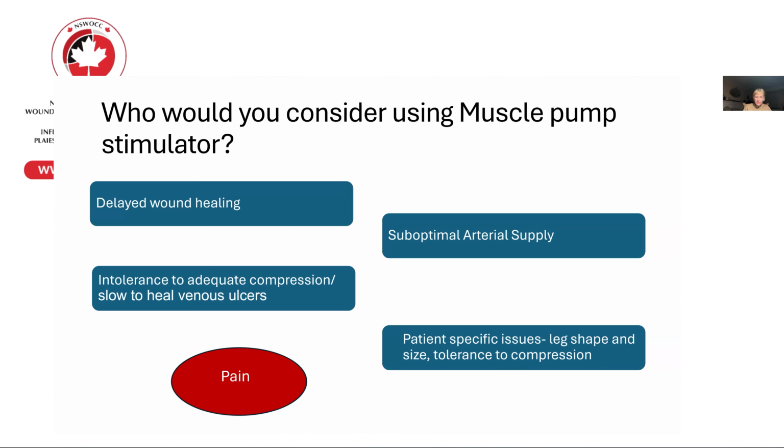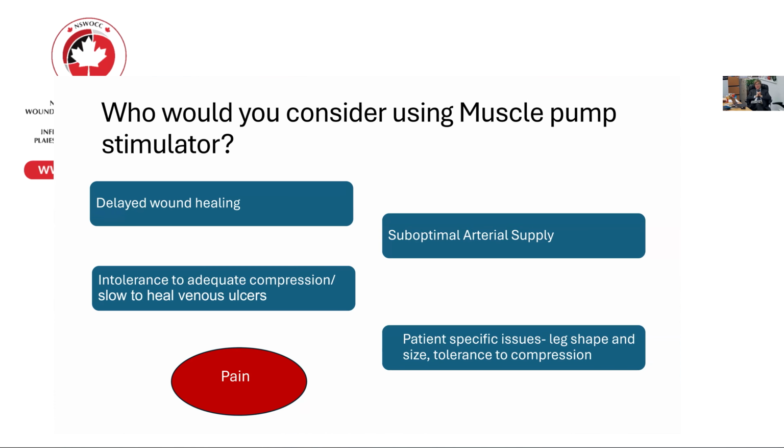Next slide. Okay, just before we go off there, suboptimal arterial supply. Those patients really do need a duplex Doppler to see if there's a bypassable, dilatable lesion, because that's still the treatment of choice.